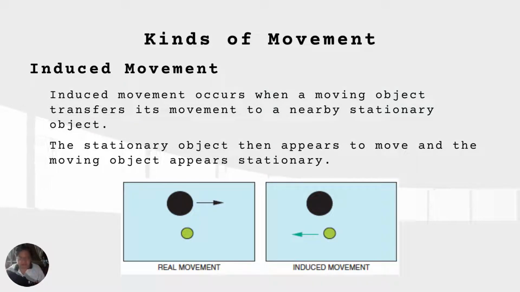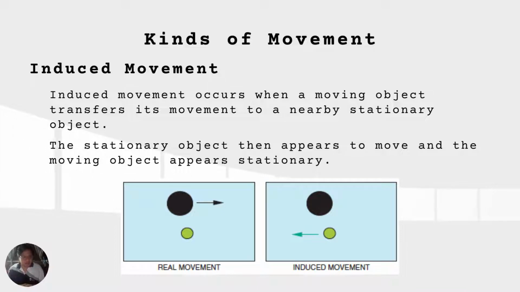So have you ever had the experience of driving, or riding, for example, in a car? Okay, then your car stopped next to a large bus. If the bus slowly moves forward, you can feel as if your car is drifting backwards. So this feeling is induced movement.